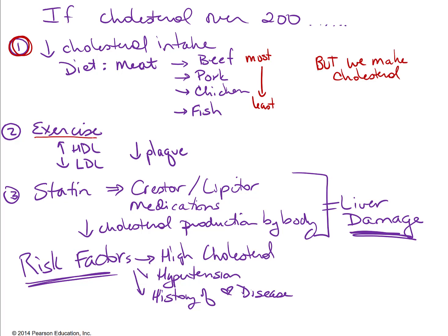We need energy beyond what we're eating. And so it'll begin to break down fat stores. And that's where the HDL comes into play. Increasing HDL, decreasing LDL, the random circulating fats and cholesterol, is going to help decrease plaque. Because plaque is really the final outcome of what happens with high levels of cholesterol in the blood.